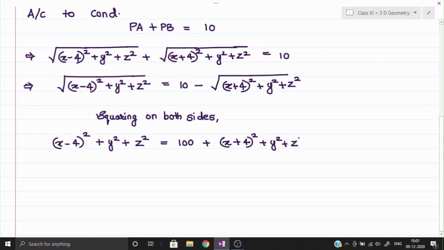But the third term will be minus 2 into a into b. So 2 into a will be 10 here, and b will again come in the root only, so we shall write this in the root: x plus 4 the whole square plus y square plus z square.